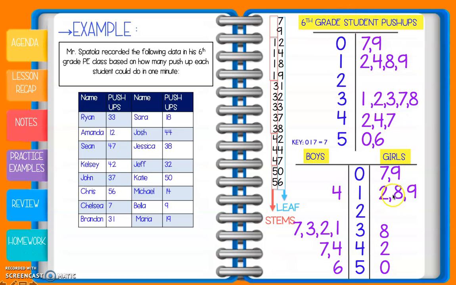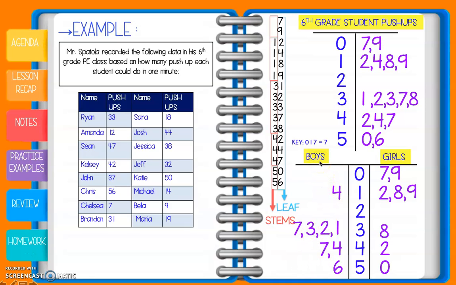Okay, now when we break it up, if we look at the boys' data, most of the data falls towards the upper extreme, and we just have a little bit towards the lower extreme, or a little tail here. If you think about our statistical display shapes, the one that says most of the data falls towards the upper extreme is skewed left. So the boys' data is skewed left.